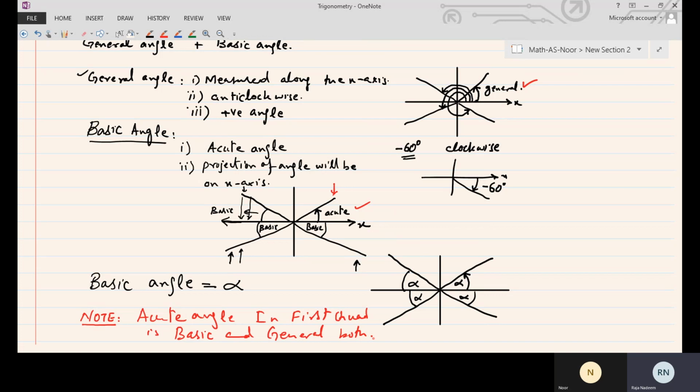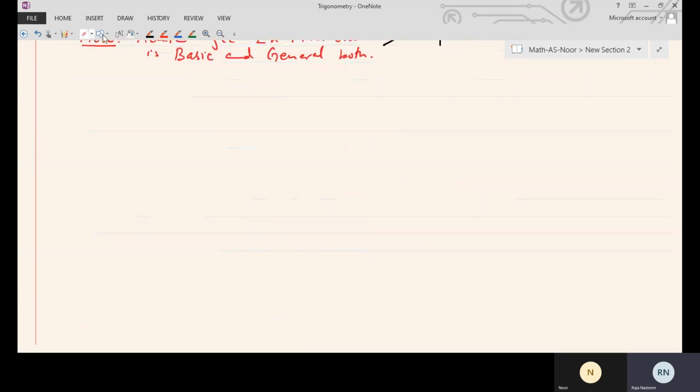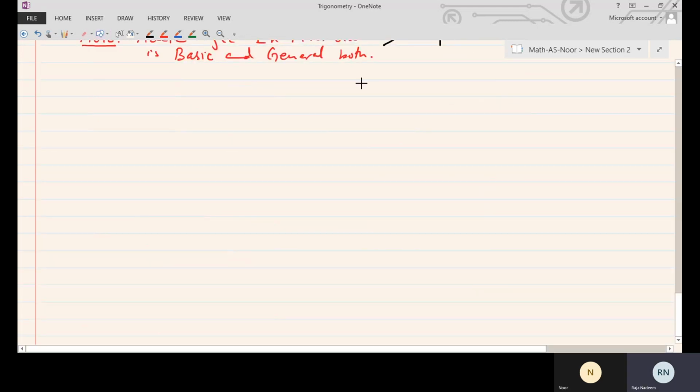But for any angle which lies in the second quadrant, like I draw a line and I show that this angle is 120, it means the general angle is equal to 120 because it is along the x-axis and moving in anti-clockwise direction.